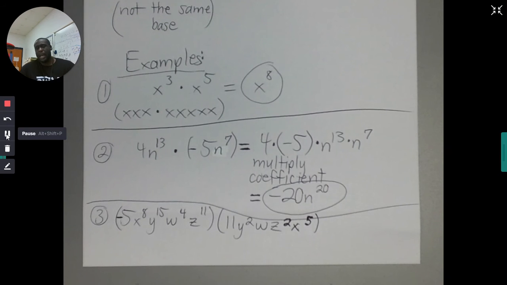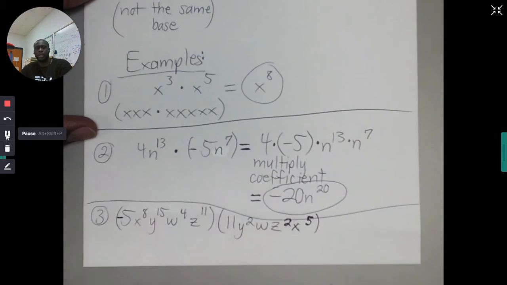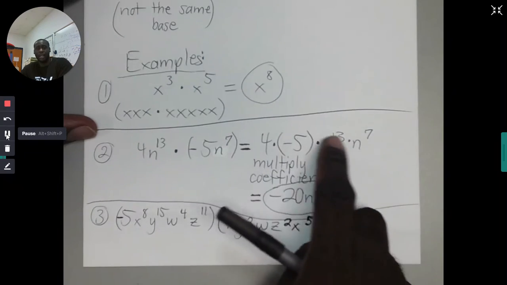So if we had something like this, we would do it similar to how we did it in this second example here.